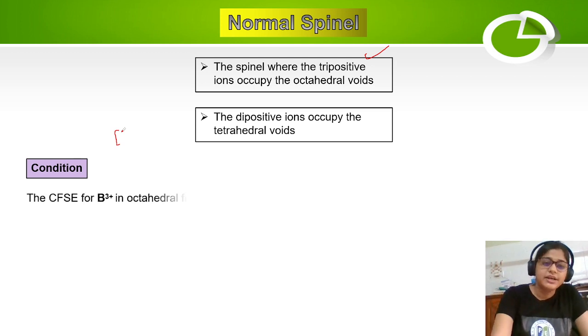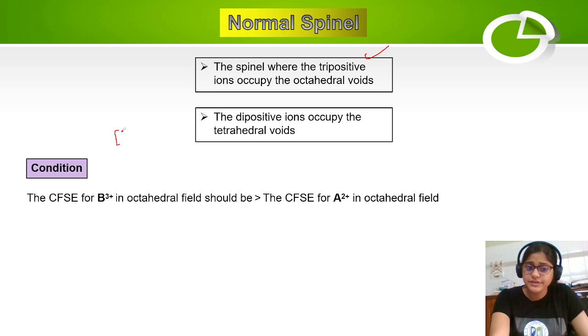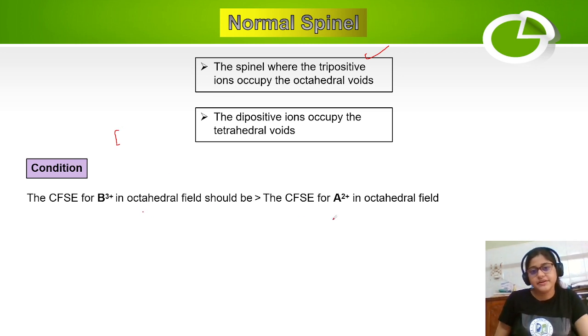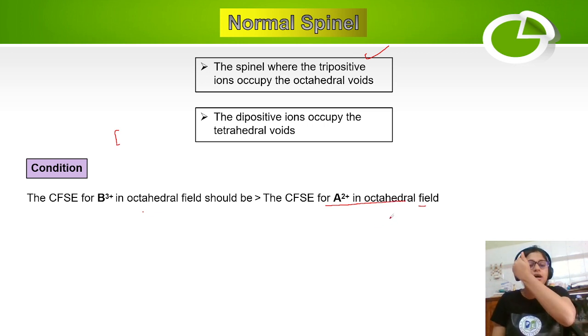So the condition one is the CFSE of B3+ in octahedral field should be greater than the CFSE of A2+ in octahedral field. So we have to calculate the CFSE for both B3+ and A2+ in octahedral field.